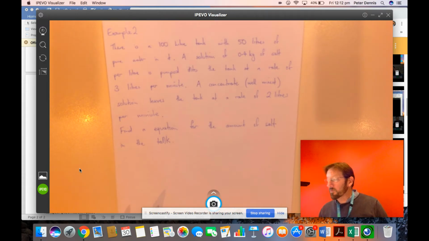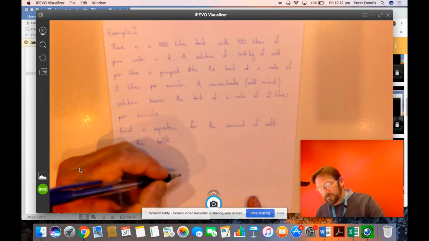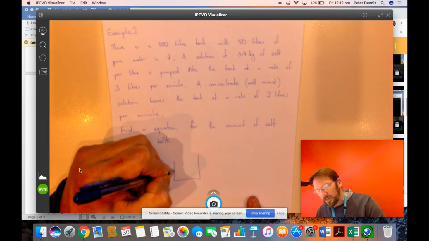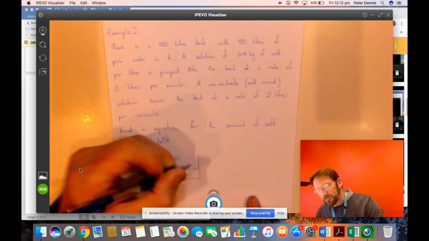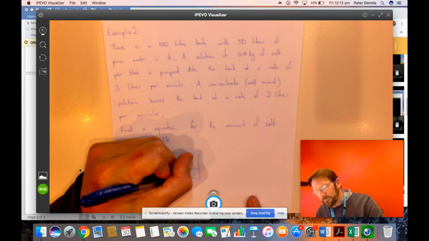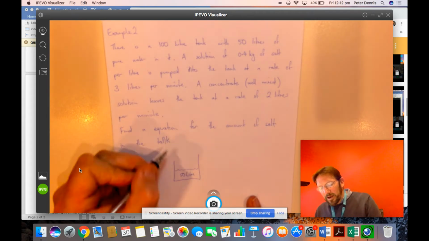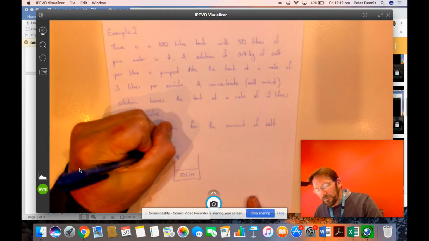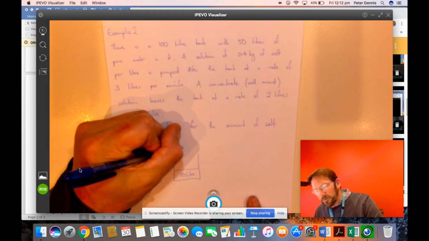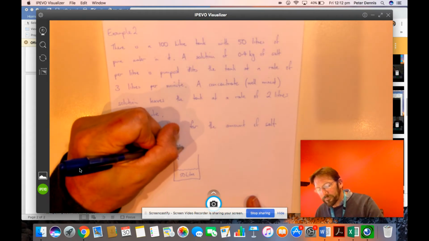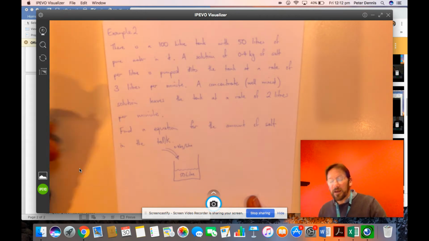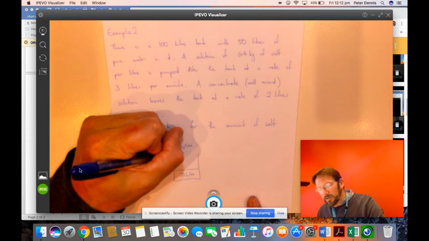So let's have a look at this in terms of a picture. What you've got is a 100-litre tank. It starts off with 50 litres of water in it. And there is a solution going in with 0.4 kilograms per litre, sorry, and this is at 3 litres per minute.